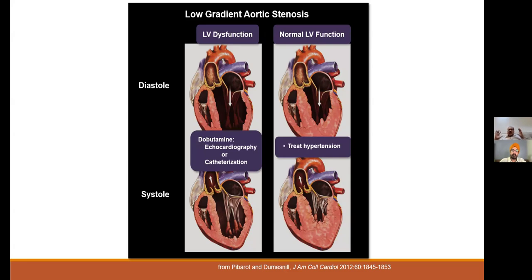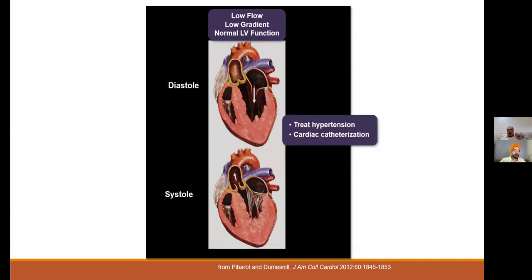Imagine your LV pressure is, say, 250, and your blood pressure is 180 or 190, or 230 or whatever. If you bring down your blood pressure, the gradients will manifest better. So treat hypertension. Number 2, do a catheterization if needed. And third, document that it is a severe aortic stenosis by whatever way.